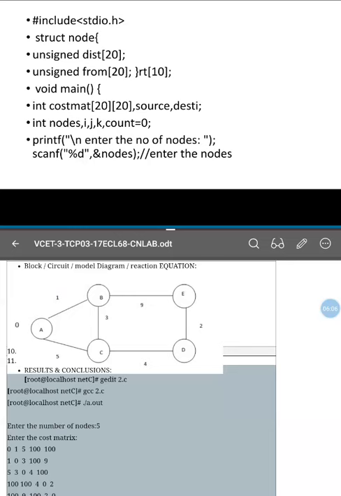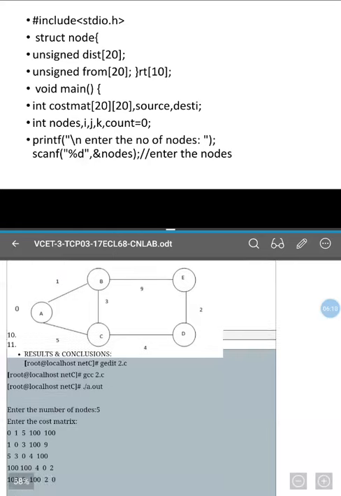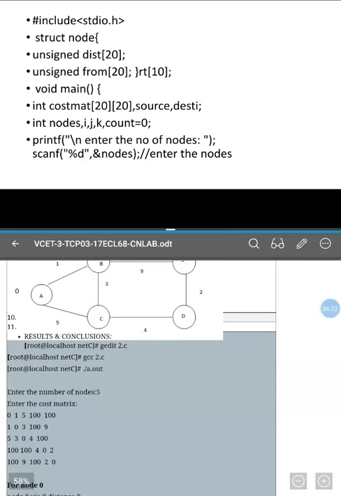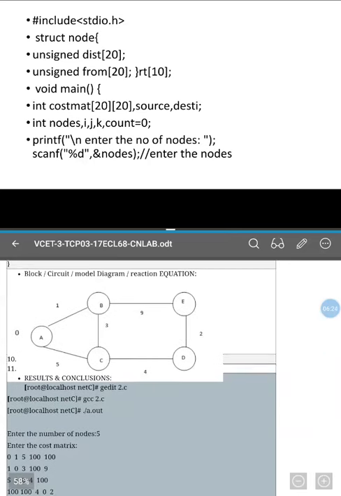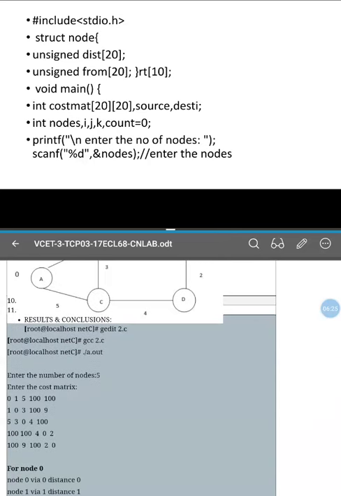So what is done is, we write what is called the least cost or cost matrix, the initial distance vector matrix that we fill. If the nodes are 5, that matrix will be a 5 cross 5 matrix.